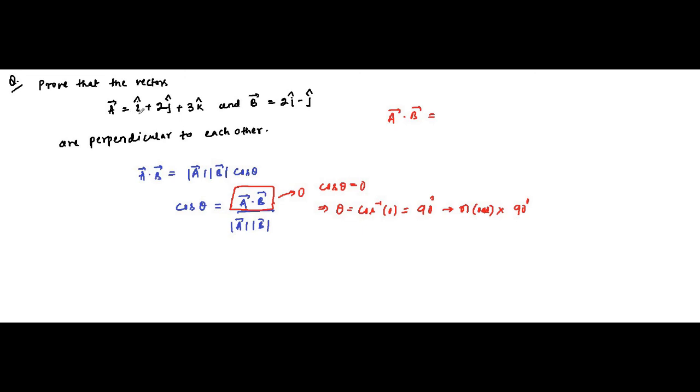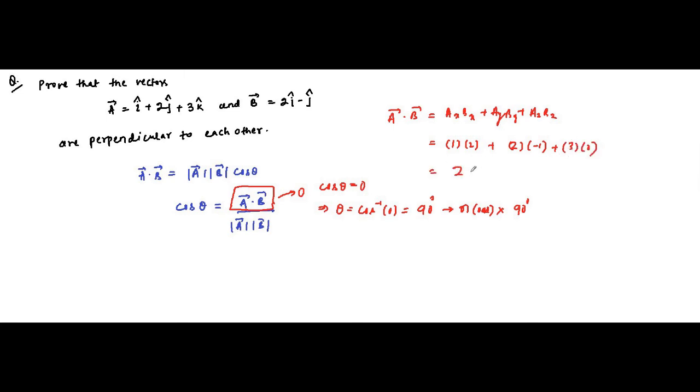So here we have to just multiply the respective x components, y components and z components of each of these vectors, and then add them. So it will be simply ax bx, ay by and az bz. Accordingly it is 1 into 2 plus 2 into minus 1 plus 3 multiplied with 0.